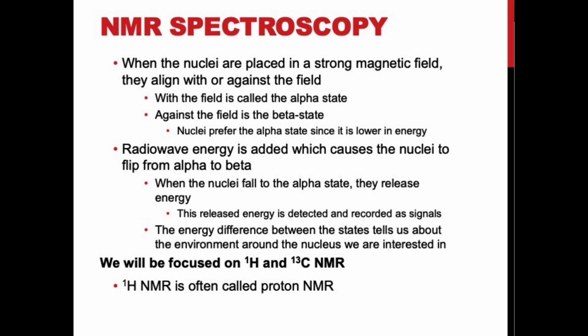A proton NMR takes maybe 5 minutes to set up the entire experiment and get data. The actual taking of the NMR, getting the spectra, only takes about a minute, where a carbon NMR takes anywhere in the neighborhood of 8 to like 12 hours. So proton NMR is what you will mainly use.